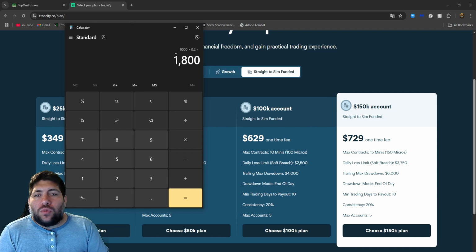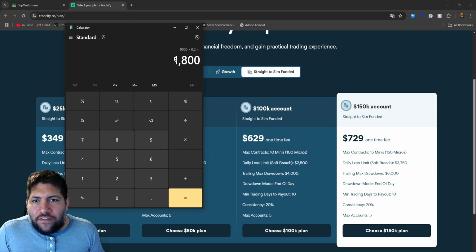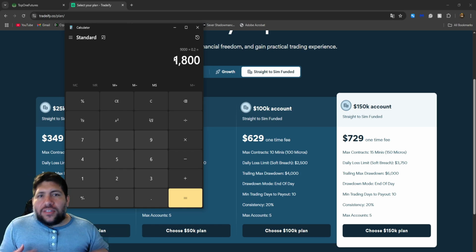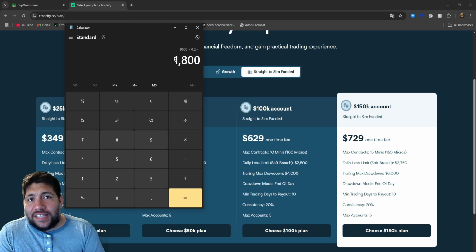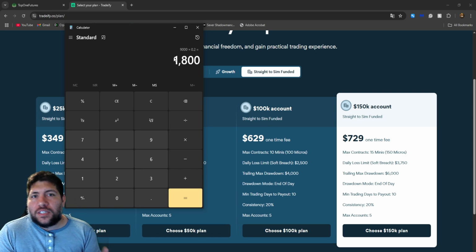Now, how many days will it take you to get to that point? You could essentially do it in 5 days, but slow and steady, base hits, that is the way you want to trade in these firms, or just in general, as you build up your account. But $1,800 is that number for this specific account because you're trying to get to 9,000.